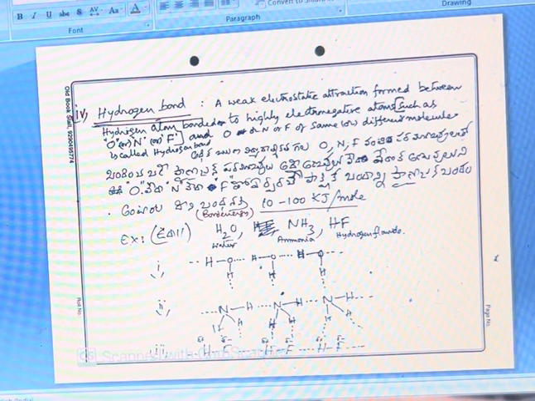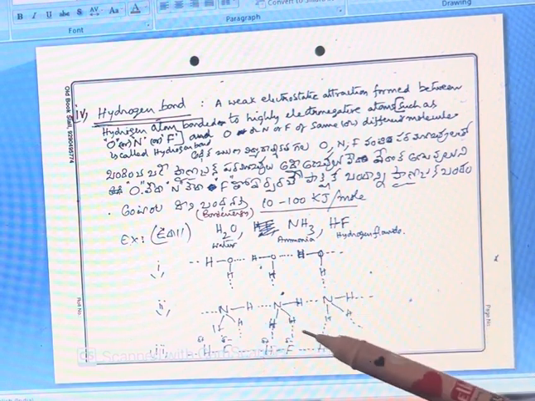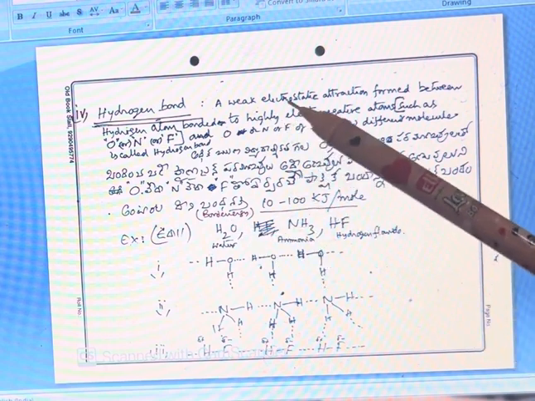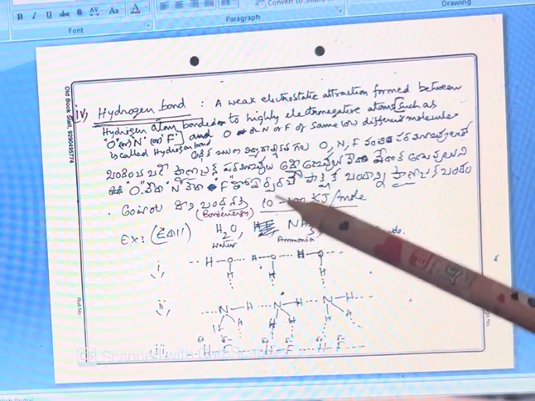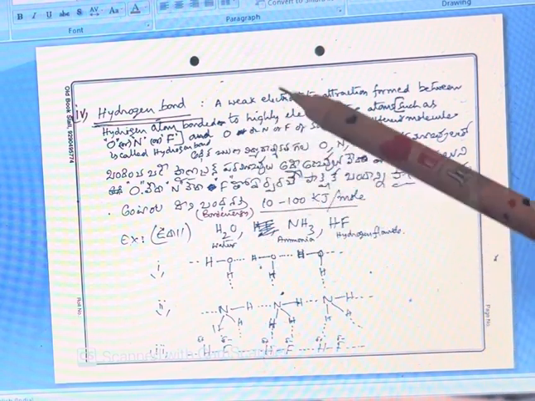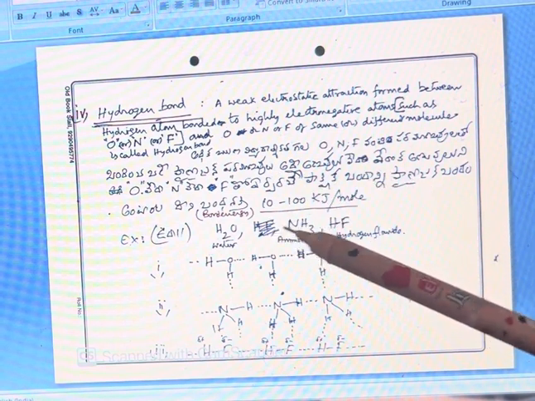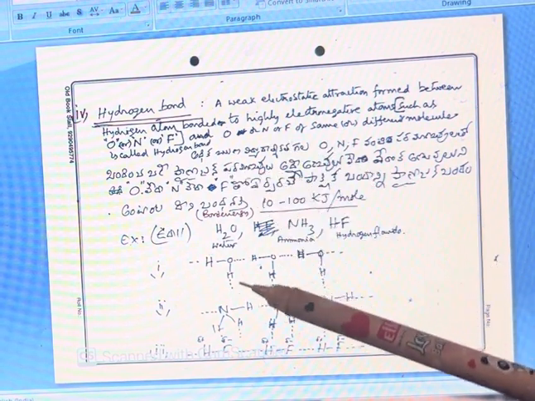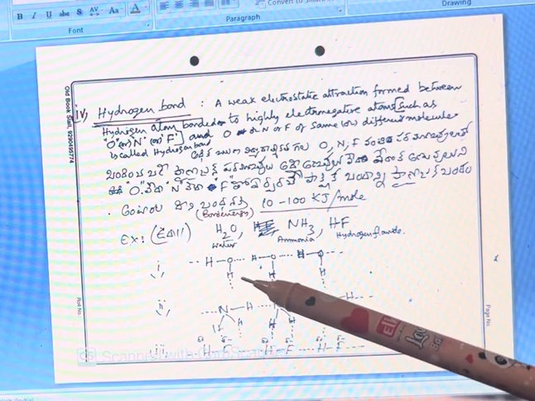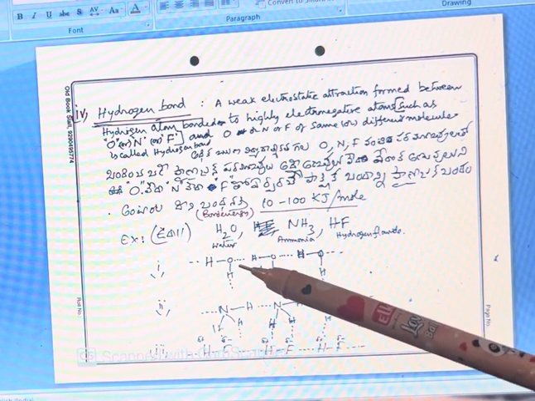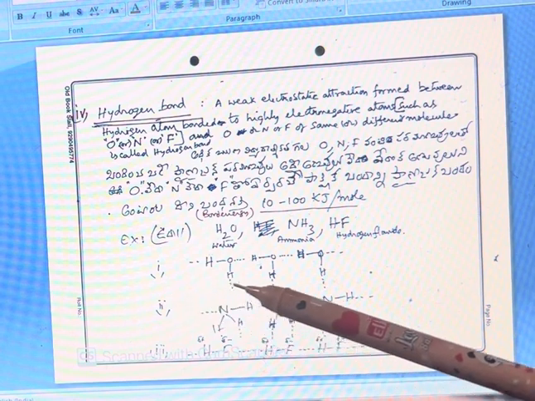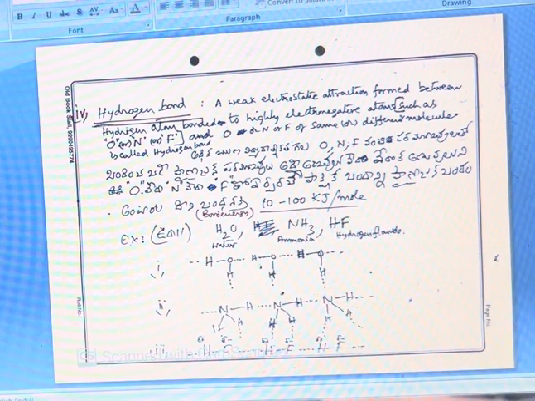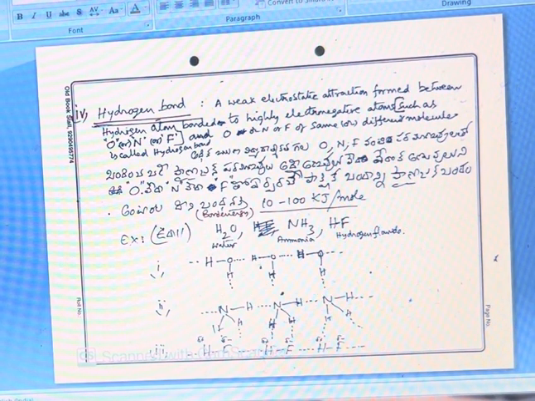In your syllabus, hydrogen bond is there. Ion attraction is also there, which is stronger, but this is the strongest in your syllabus, with intermolecular force of 10 to 100 kilojoules per mole. Molecules in which hydrogen bond is there are known as associated molecules, associated liquids.